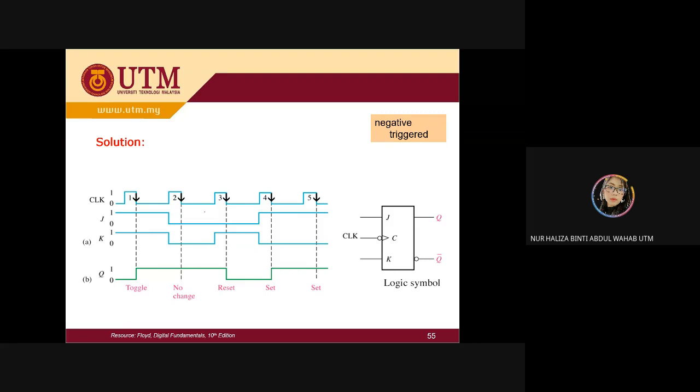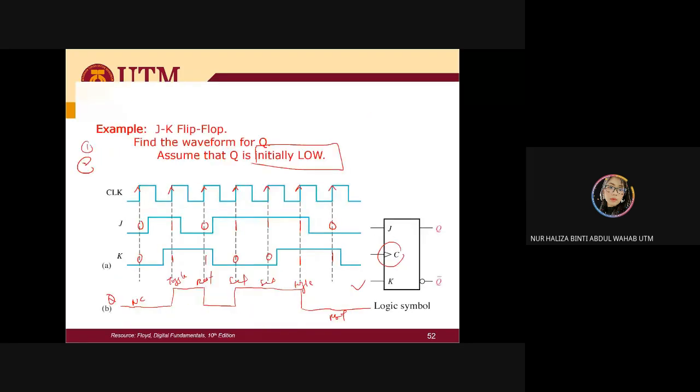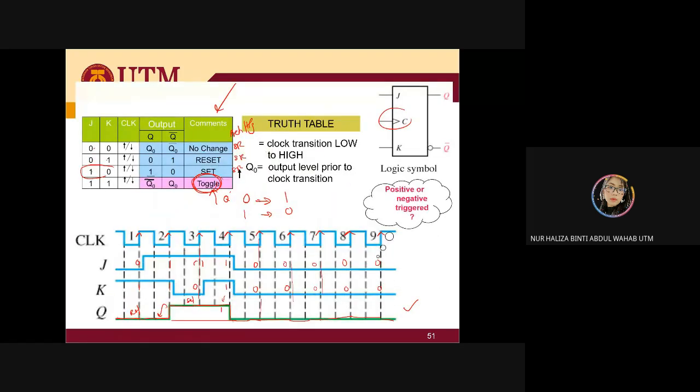As I mentioned, either it is a positive clock or negative clock, the output will be similar. It is slightly similar to your SR, but the only difference at this side is that there is no invalid.